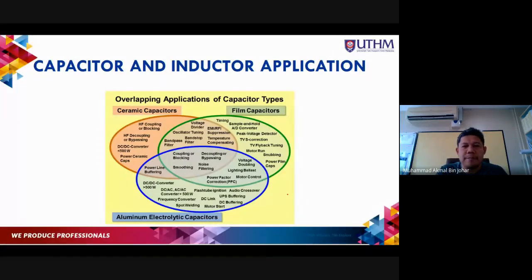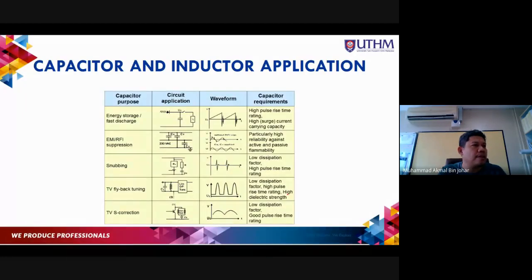So these are the overlapping application between capacitor types. In diagram here, this is capacitor and inductors, how they can work together to smoothen the value or the waveforms. Okay. So here you can see the capacitor is being used to reduce all this spark inside there. That's why it's always used in the audio application because it can smooth out all the noises.